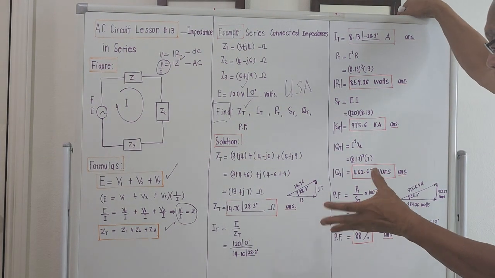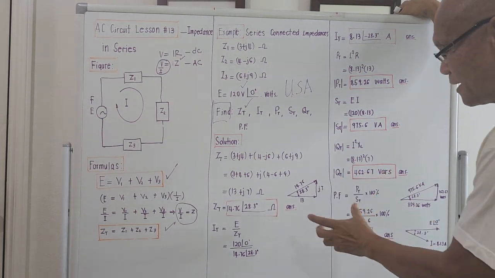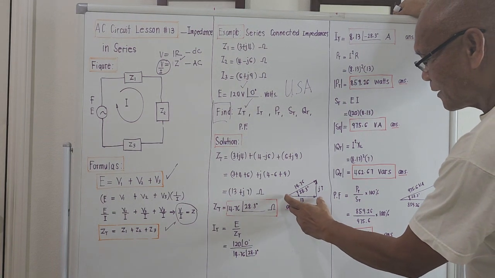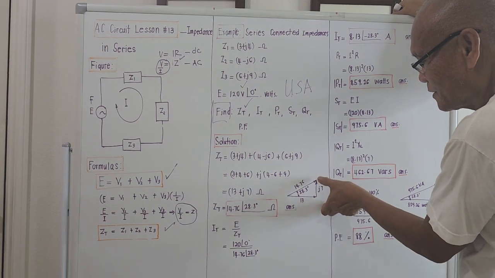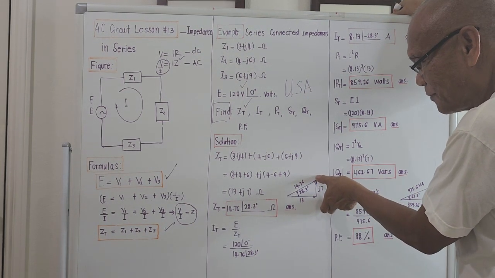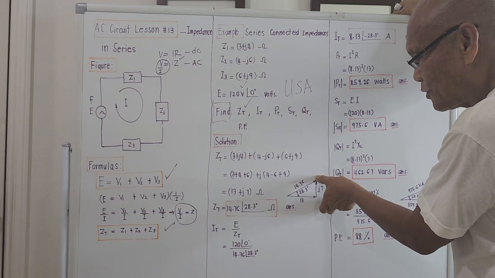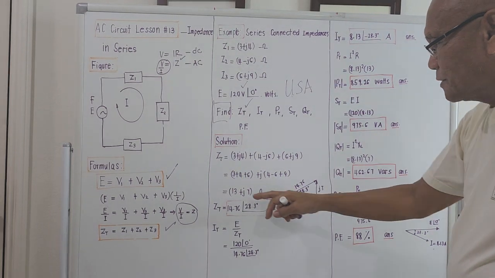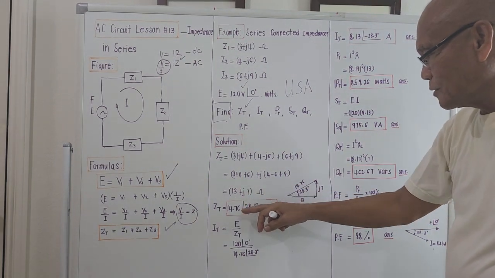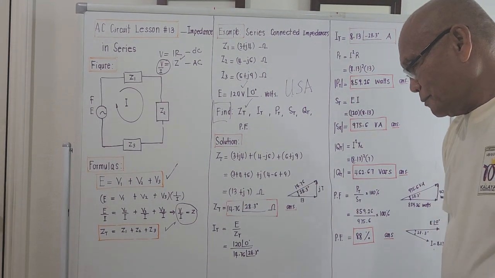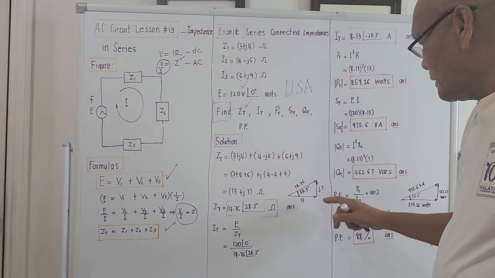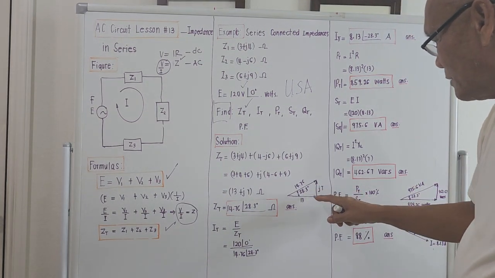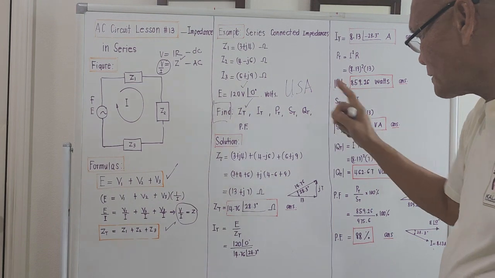It seems we are considering a right triangle for the meantime that the real part is 13, the imaginary part is 7. So in the computation of the current, it should be the hypotenuse. So we must convert this 13 plus j7 to polar form. Okay? Just take the ratio 7 divided by 13, press arctangent.